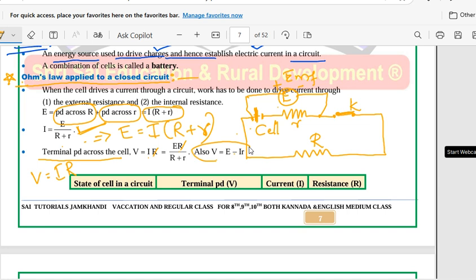So this is the formula to find the potential difference across the two terminals of the cell. This shows the terminal potential difference of the cell is less than the EMF of the cell. So this is all about Ohm's law applied to a closed circuit.